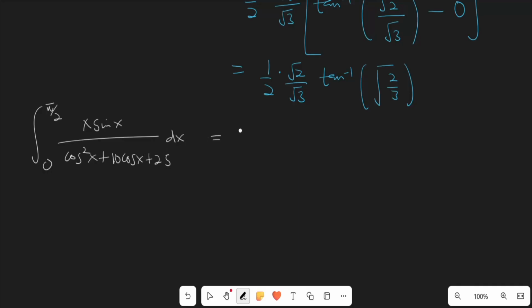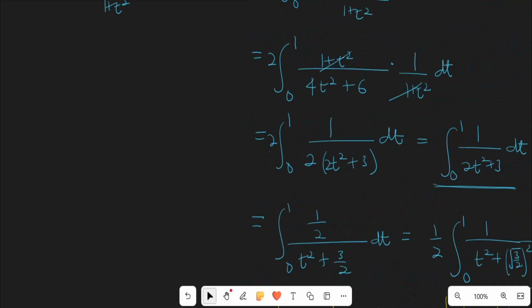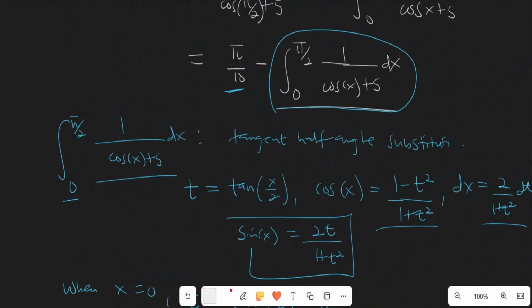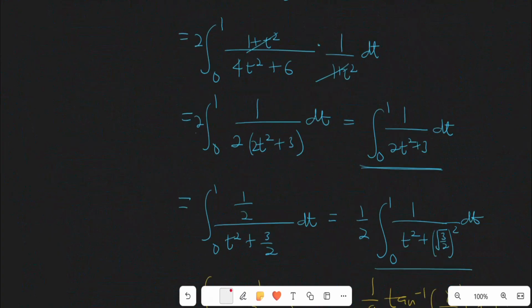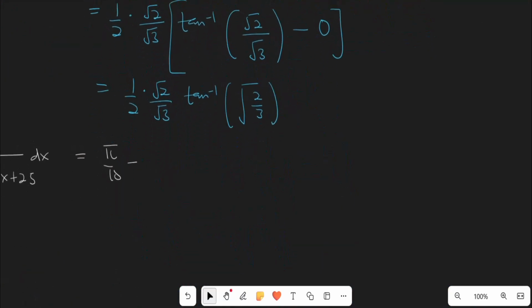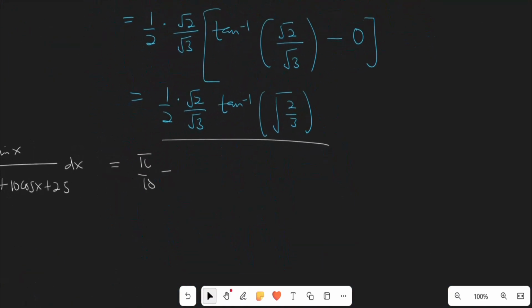That is pi over 10 minus this integral. And this integral, we just got to be this. So it's going to be pi over 10 minus 1/2 square root of 2 over square root of 3 tan inverse of the square root of 2 over 3.